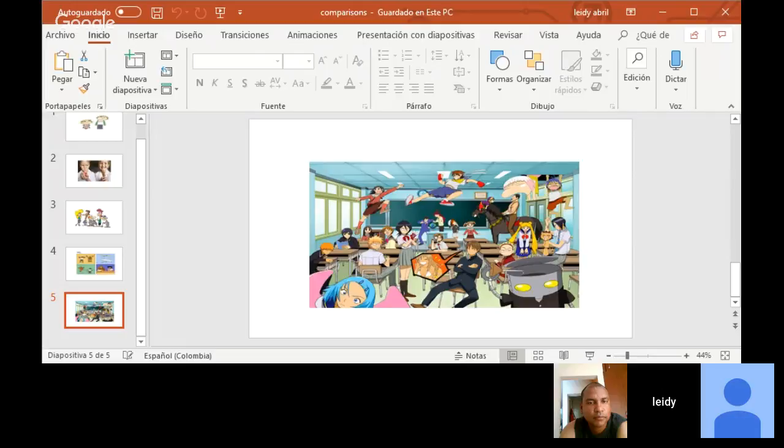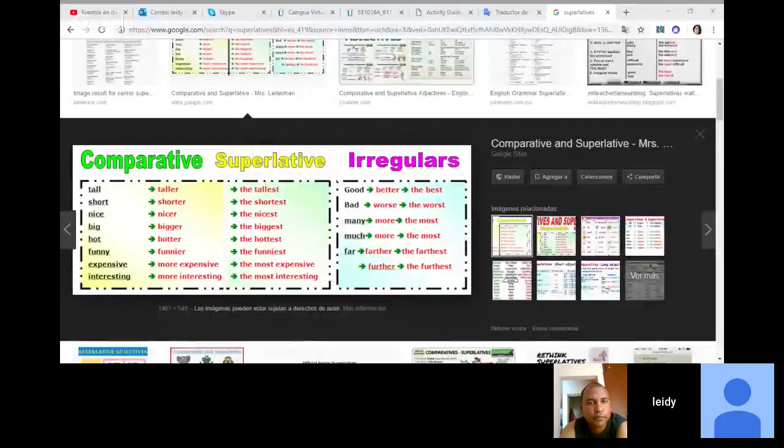I had to see the picture. But you can use the superlative with respect to the picture. First, I try to explain the comparatives, later the superlative, and later the regular adjectives, okay? Now, do you see the picture?